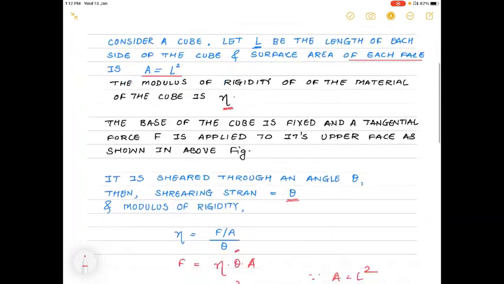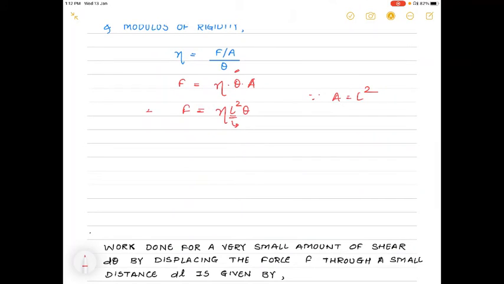So theta is equal to small l by capital L. Since theta is equal to small l by capital L, F will become eta L square small l by capital L, which is equal to eta L into small l. So this is the tangential force F which is applied.